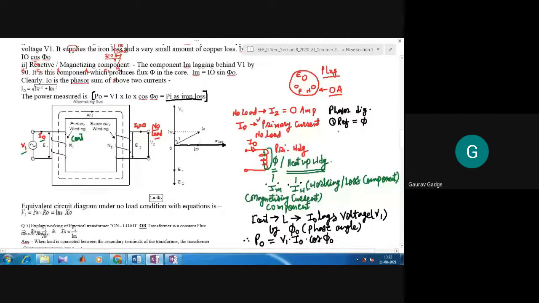Now, the phasor diagram reference is flux. Now who developed that flux? The magnetizing current develops that flux. So therefore, the magnetizing current is in phase with flux.